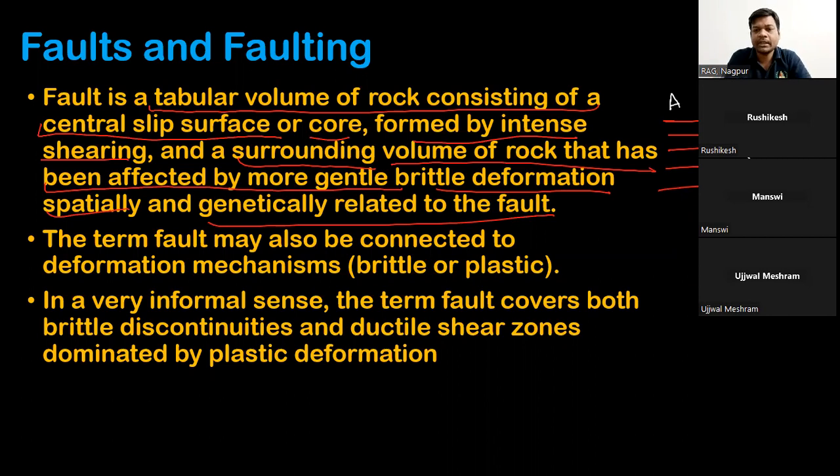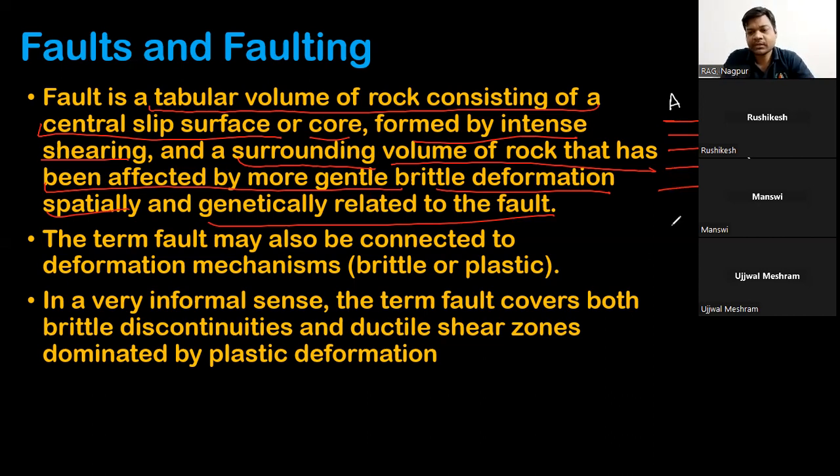Now due to the brittle forces, the brittle nature of the rock is important, right? Due to these brittle forces or even the tectonic forces, there may be dislocation of any one of these blocks, or of both the blocks, relative to each other.